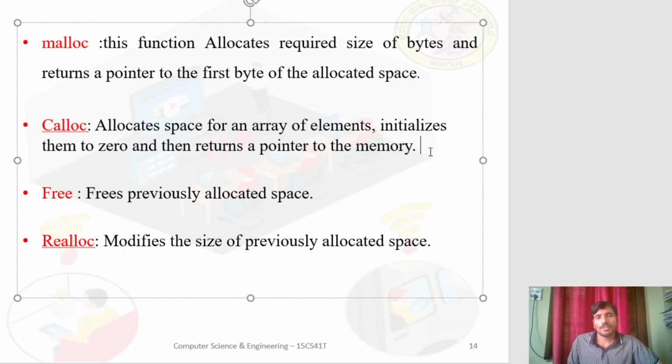The allocated memory must be deallocated and returned. Returned to whom? We must return the memory to the operating system, right? So it is the responsibility of the programmer to explicitly free the allocated memory. To achieve that, one more function is available called free. It will free previously allocated space.